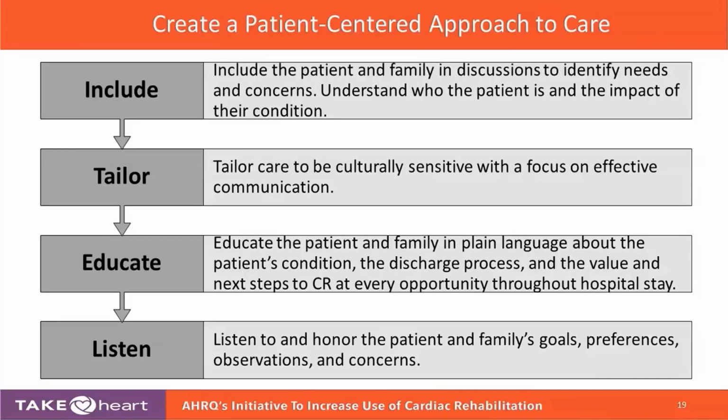That can give you an idea of where they're coming from. And when you're hearing from them about their current situation, you can get a better feel for how you educate the patient and the family, preferably in plain language, about where the patient is currently, what their goals are, and how cardiac rehab is going to help them get to those goals.